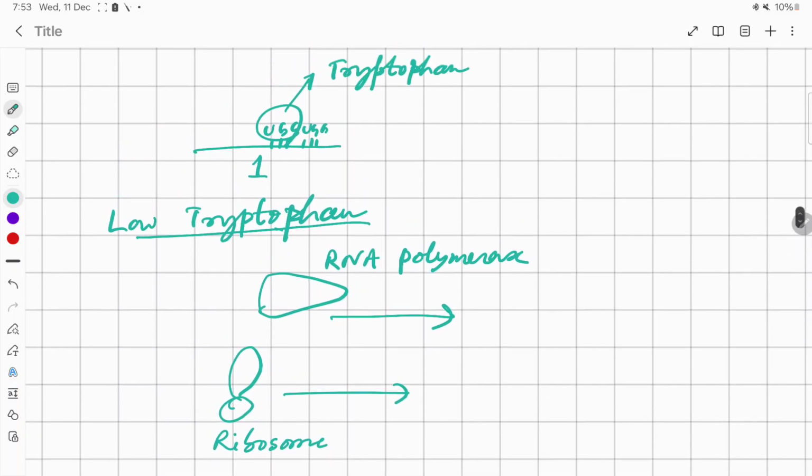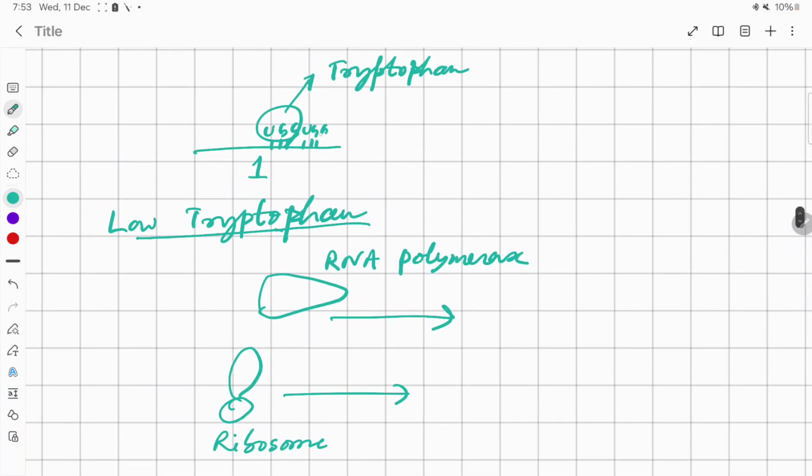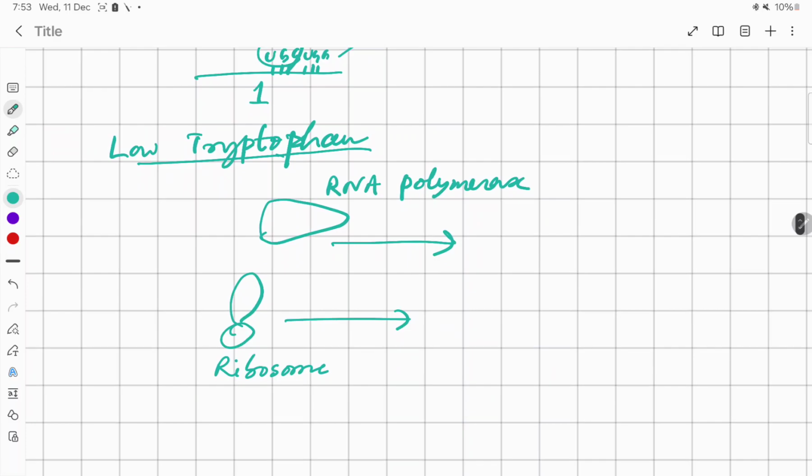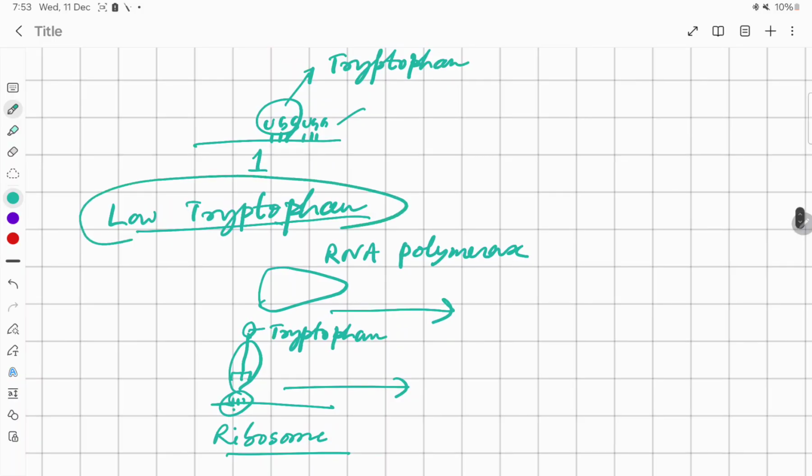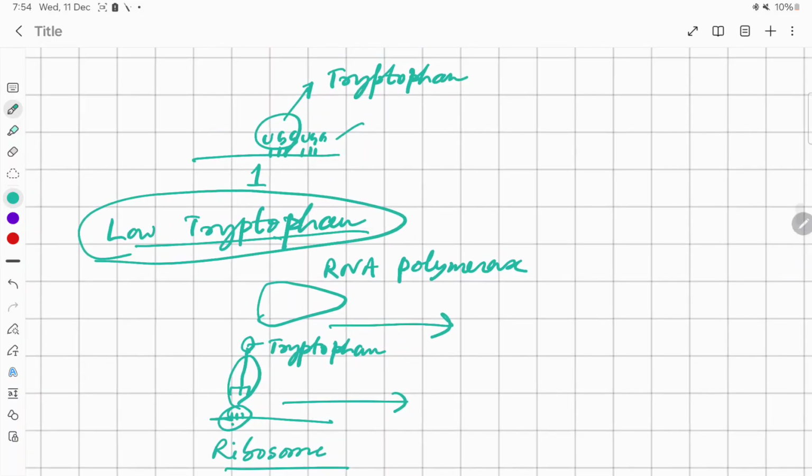The ribosome is the site of protein synthesis, and when the codon UGG comes, the tRNA, the transfer RNA with tryptophan, is needed. Suppose here in the messenger RNA there is UGG, then it will be recognized by the anticodon of that tRNA with tryptophan. So the ribosome will wait. When there is low tryptophan, the ribosome will wait for that tryptophan.